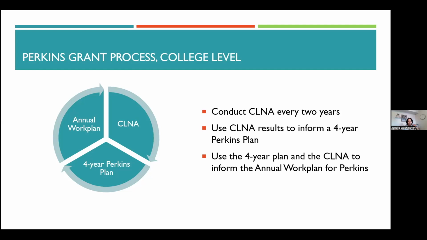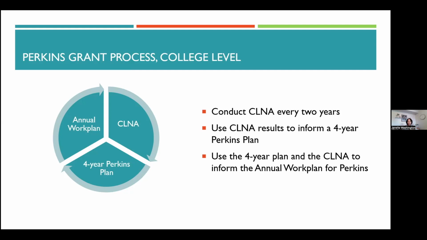And so Perkins works in a cycle. Every 4 years, we start with the comprehensive local needs assessment, and we'll dive into that more in the next slide. That is a process that the colleges all have to conduct for their Perkins grant, and that process informs a 4-year Perkins plan.